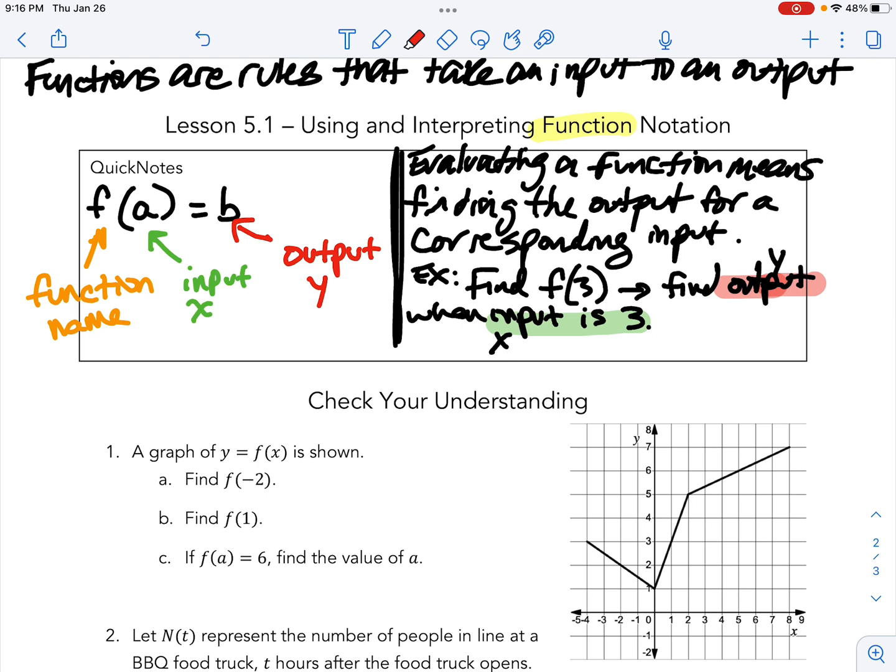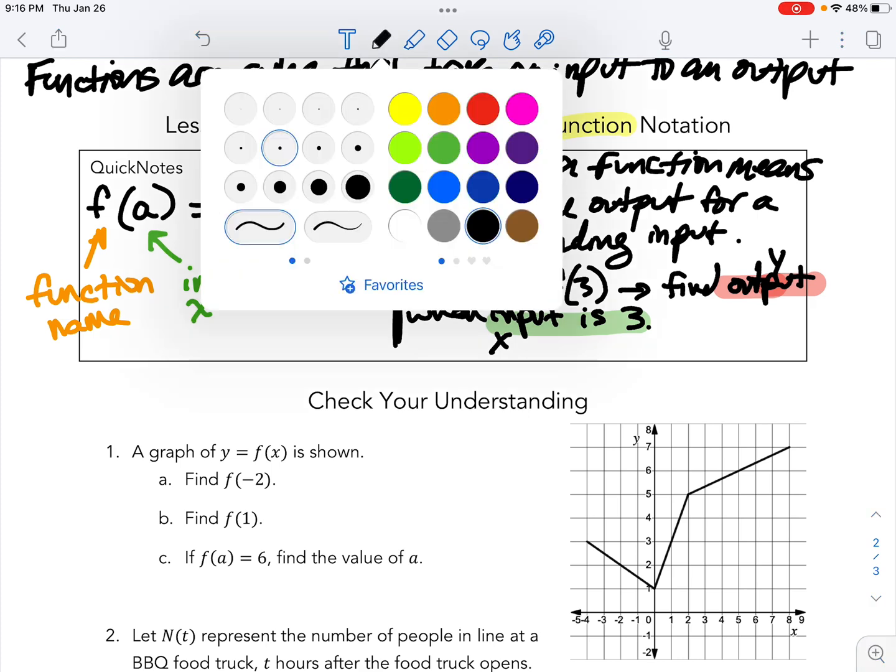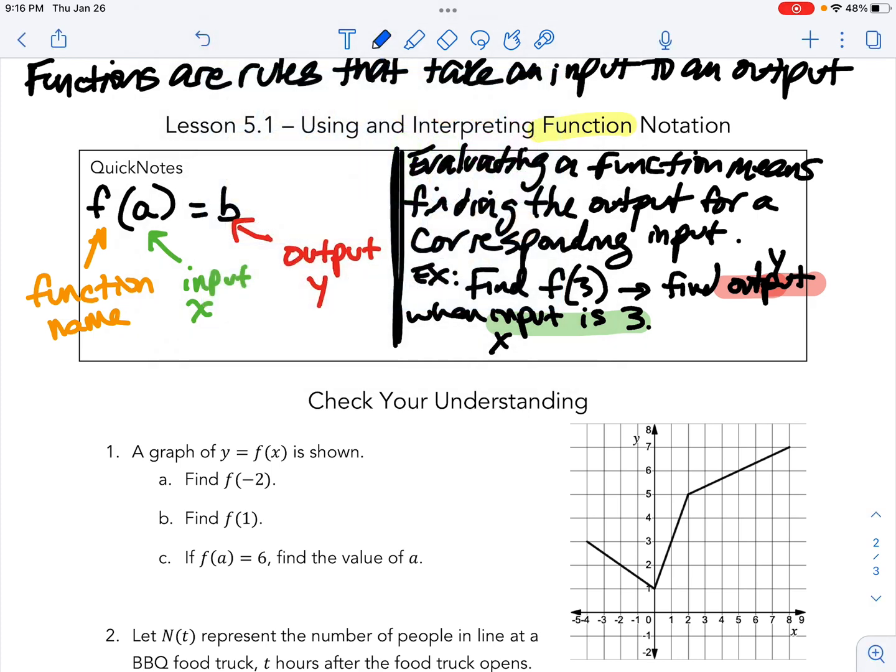So in order to evaluate a function, we would be given an input. We have to figure out the output for it. In terms of interpreting that function notation, just a little bit of a note on that as well. The big key for these problems is we're going to get a lot of algebra, of course, and graphs and tables, but sometimes we're going to have situationally application type problems with this.